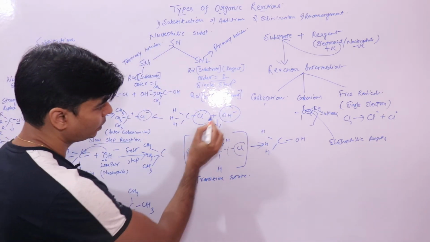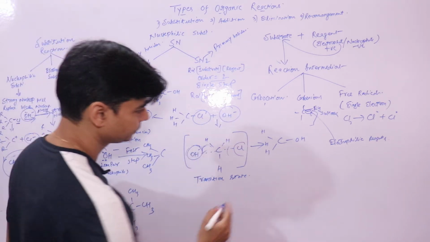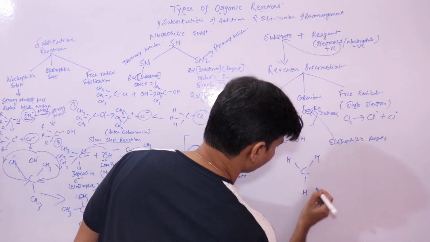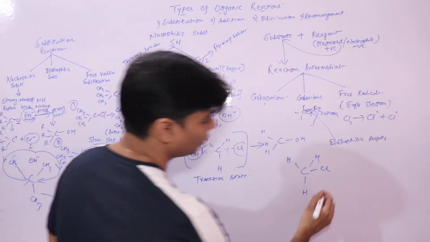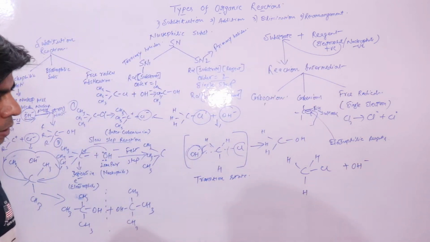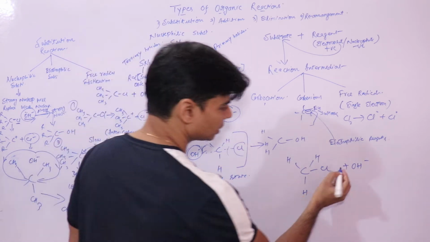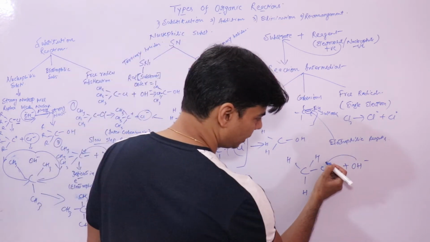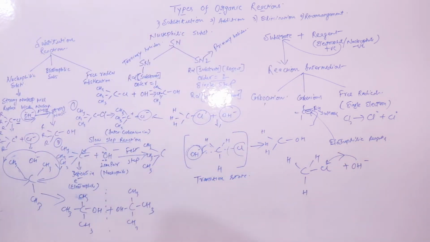So if we look at the reaction in space, this is your Cl, and when OH approaches, since it is also a negatively charged nucleophile, it would get repelled if it approached from here.